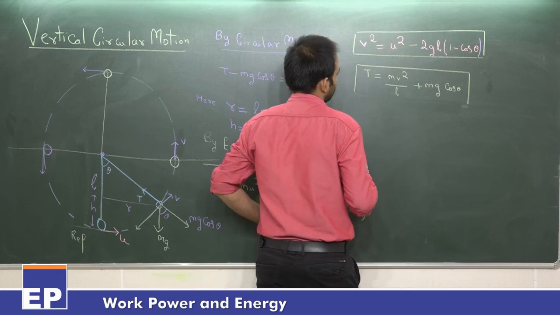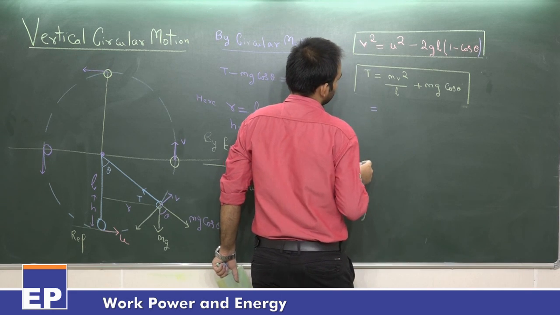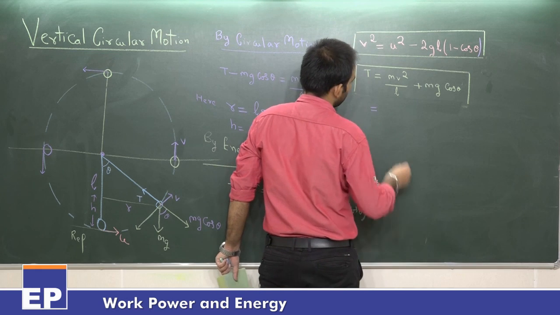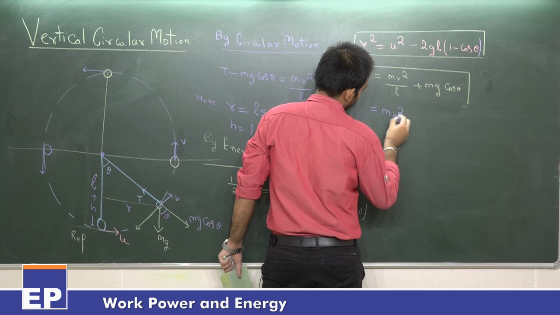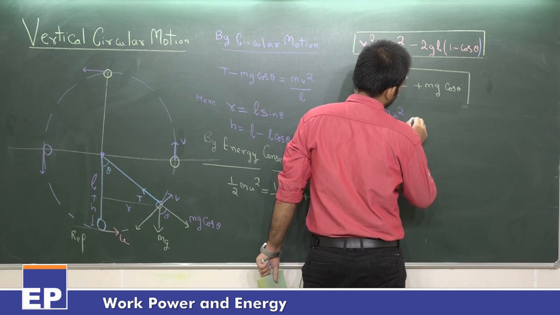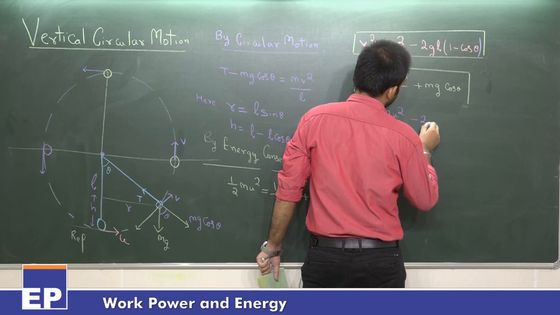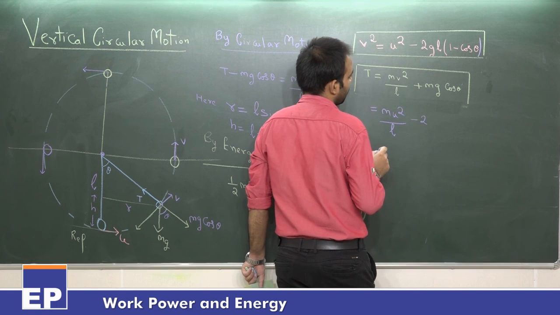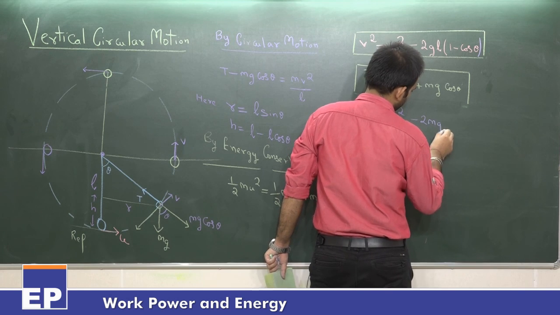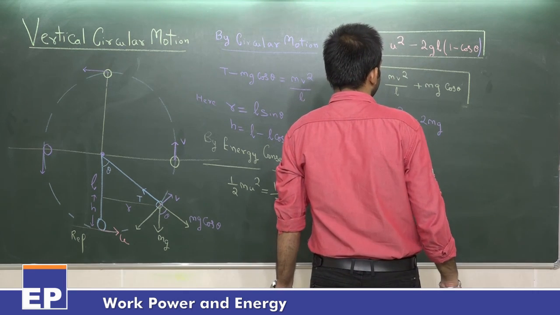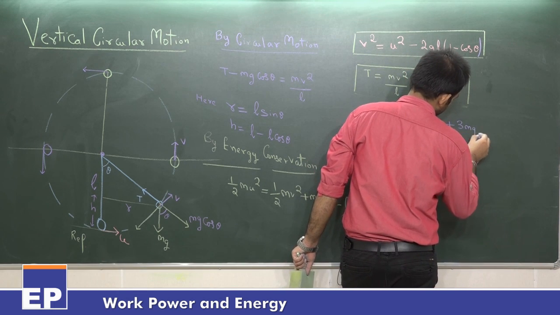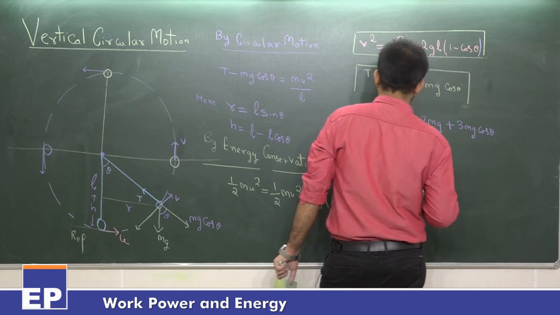V square की वैल्यू पुट करो यहाँ पे. When you put the value of v square, it will become m u square by L. और एक टर्म आएगी, L से L खत्म हो जाएगा. That is minus 2mg into 1 minus cos theta, so minus 2mg, और एक बनेगी माइनस माइनस प्लस प्लस 2mg cos theta और प्लस mg cos theta, that is plus 3mg cos theta. That is T.